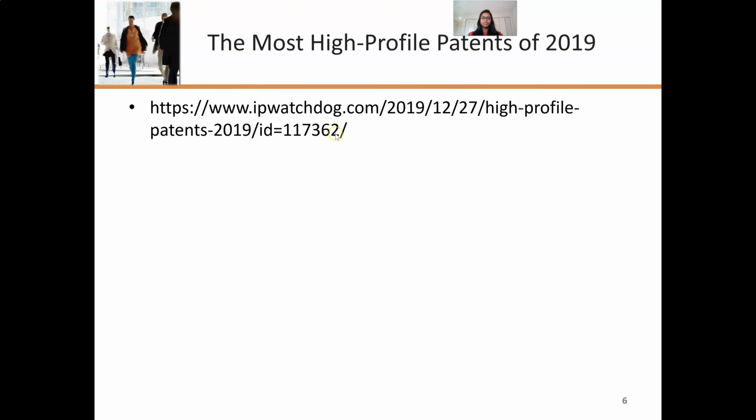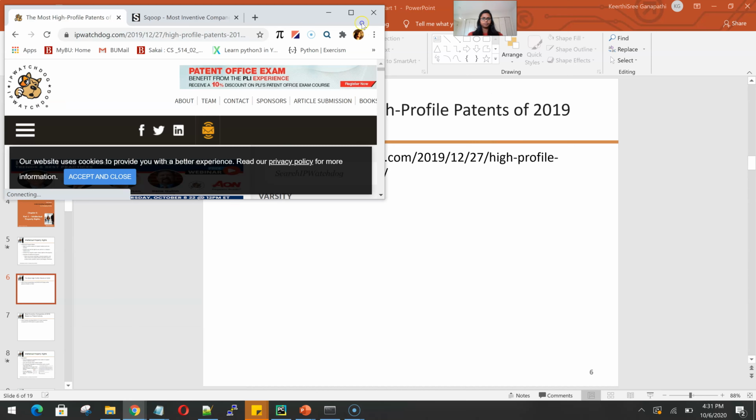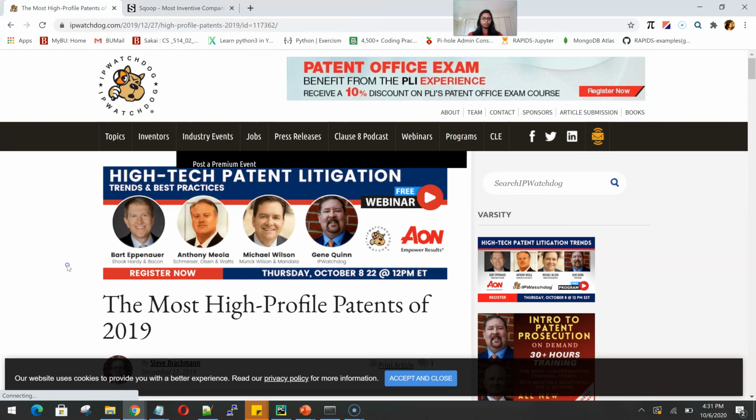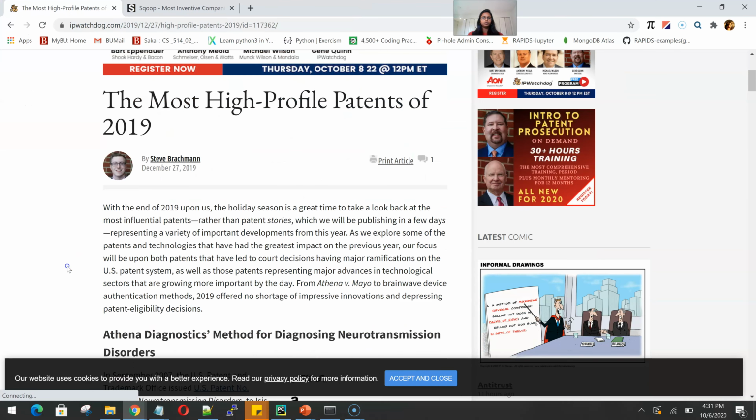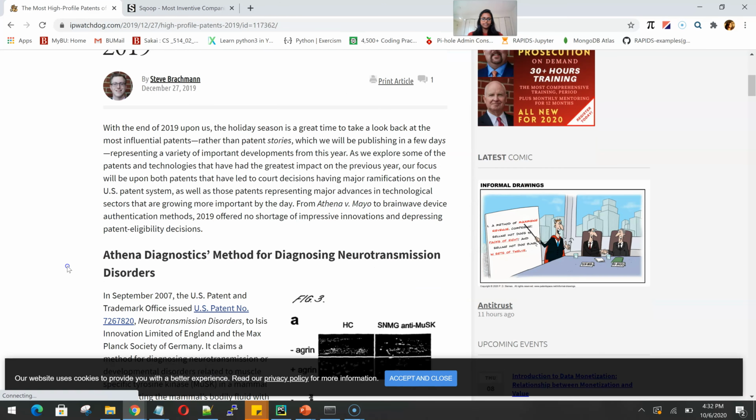So if you look at this particular link, it shows the most high-profile patents of 2019. Let us just check that out. So this link shows the high-profile patents of 2019.